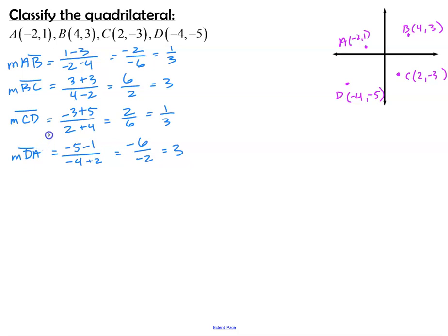It doesn't really matter where you start, but I just went consecutive sides so that it's much easier to see once I finish that, hey, these are opposite sides that are parallel. And we have another pair of opposite sides that are parallel. So we can definitely say that this is a parallelogram.